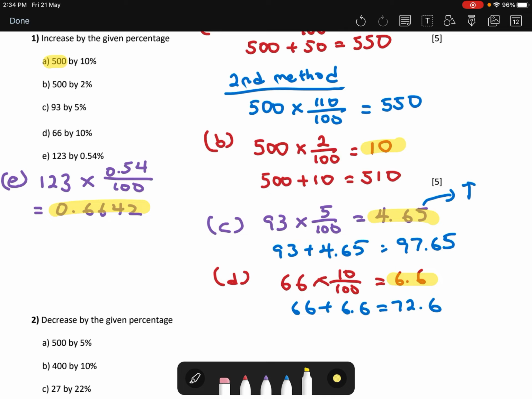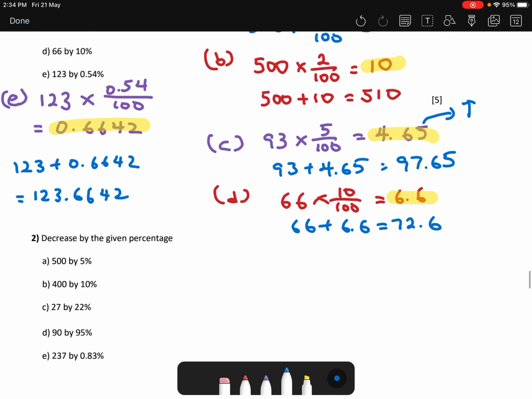So this is my increase. So 123 plus 0.6642, you should get 123.6642. Okay, so this is just a very straightforward practice about percentage.